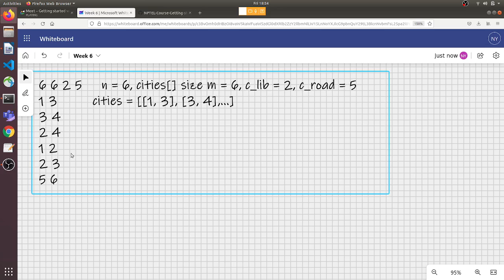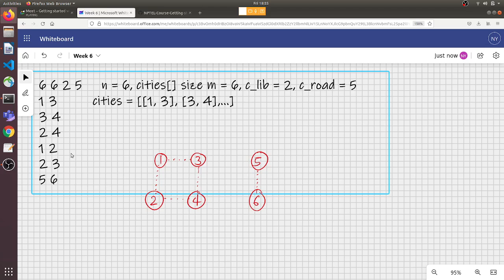If we draw this, it will be like: 1, 3, 4, 2, 3, 5, 6. So 1 and 3 can be connected, 3 and 4 can be connected, 2 and 4, 1 and 2, and then 5 and 6.